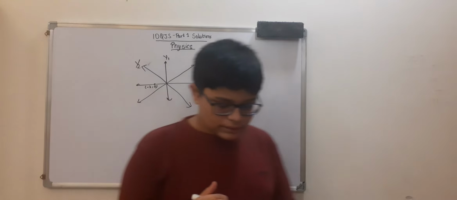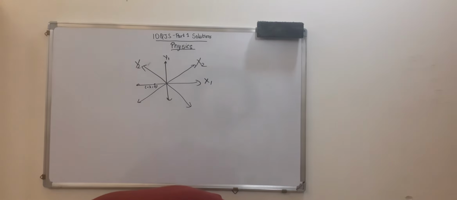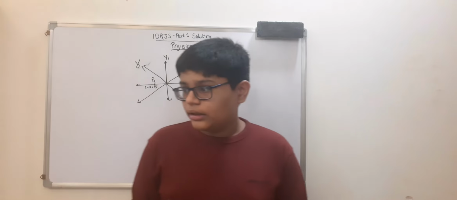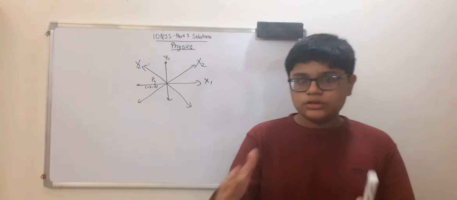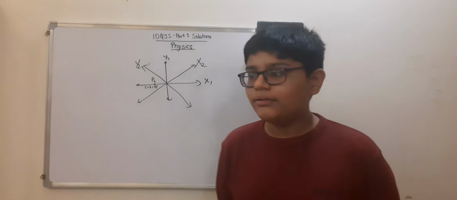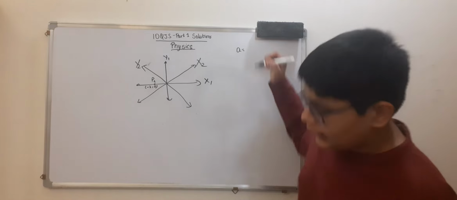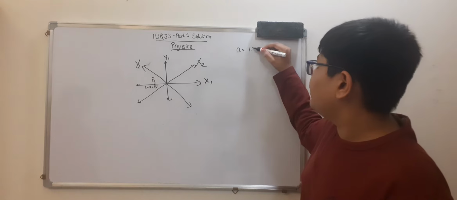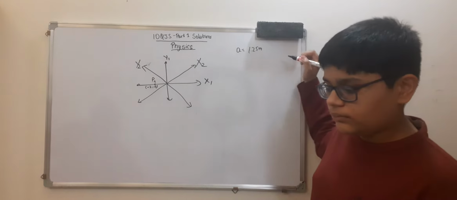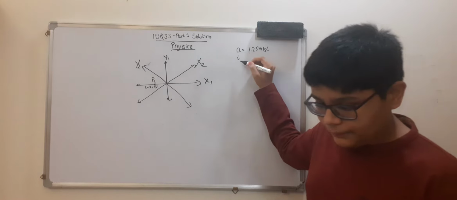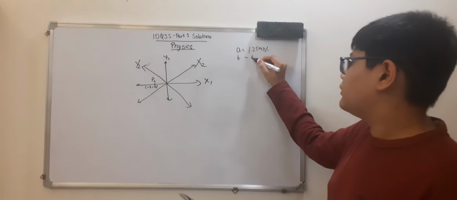So this is particle P1, which starts from here, and they have given its acceleration as 1.25 meters per second square, and they have given the time as 4 seconds.